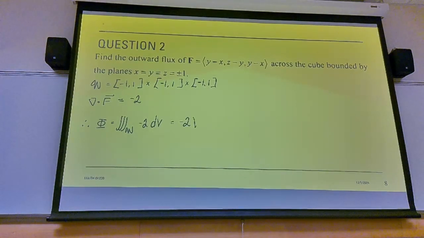What is the volume of that cube? There's your outward flux, -16. So much easier.